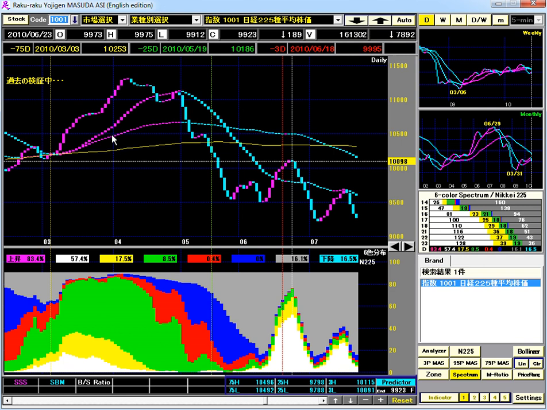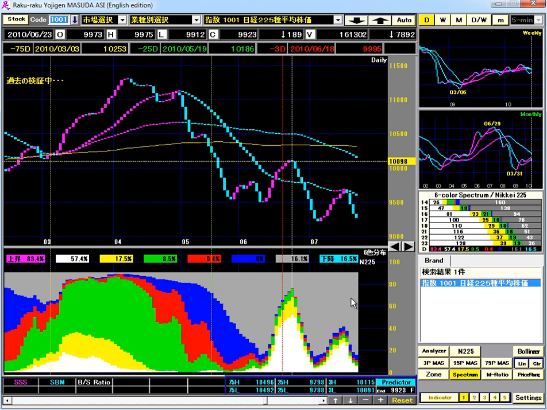Now, in order to use this 6-color pattern classification and analyze the inner workings of an index more closely, the 6-color spectrum was developed. This gives an aggregation of the 6-color pattern classification for each single stock in an index and aggregates all the F pattern, A, B, C, D, E pattern stocks together to give us this kind of distribution.